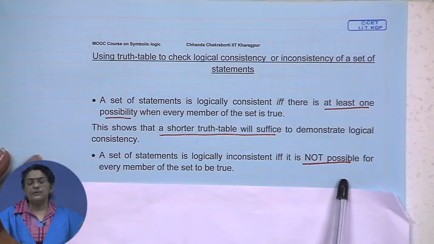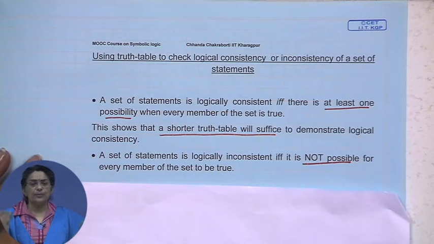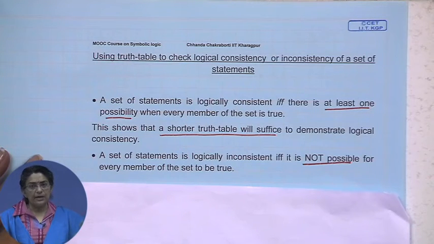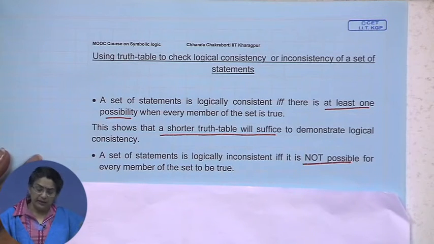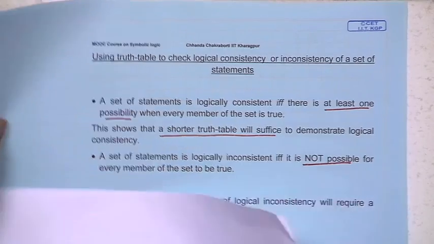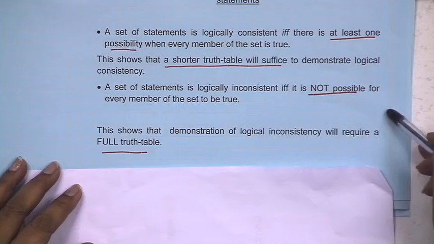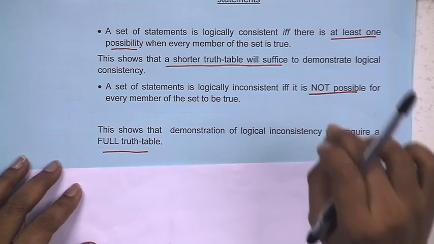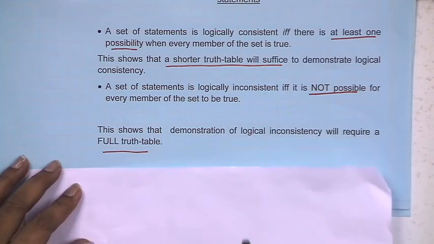This impossibility demonstration means eliminating every single possibility, so you have to go through a careful examination of every possibility to rule out that there is any such possibility. The moment you say that, you know by now that you are going to require a full truth table demonstration to show logical inconsistency. So, keep that in mind. For consistency, we need a shorter truth table. For inconsistency, however, we are going to need a full truth table demonstration.